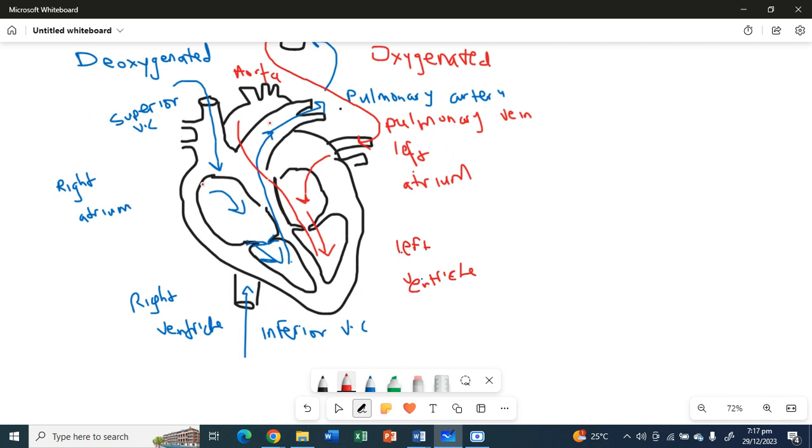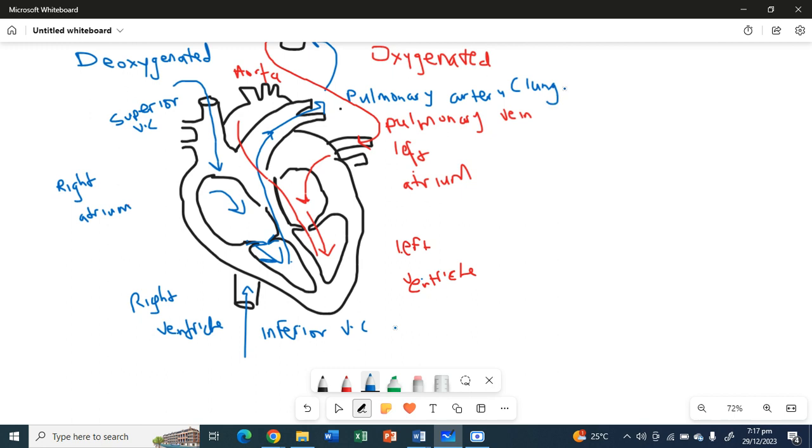From the right atrium, it goes to the right ventricle. The right ventricle pumps this deoxygenated blood through the pulmonary artery to the lungs. Remember the pulmonary artery takes the deoxygenated blood to the lungs.